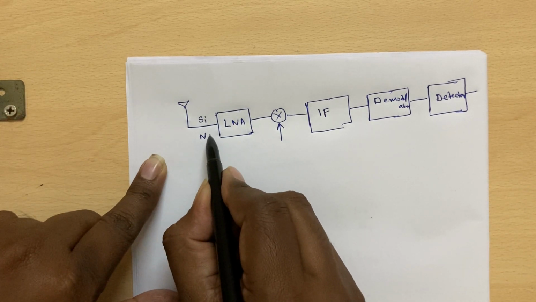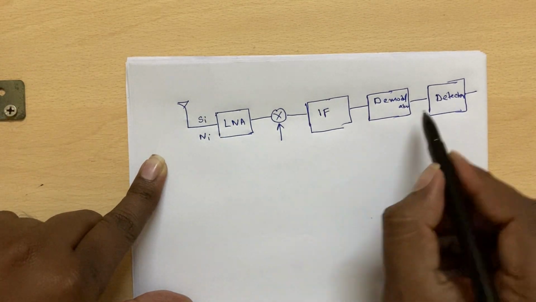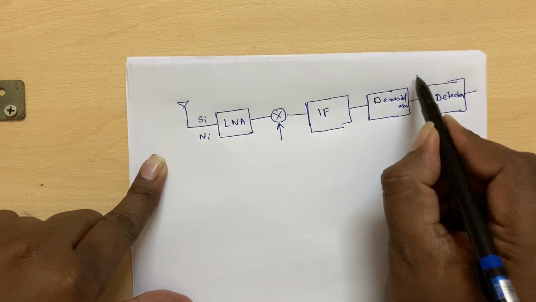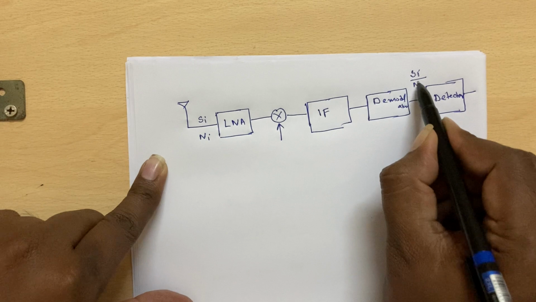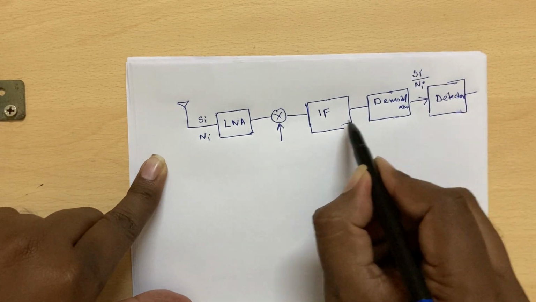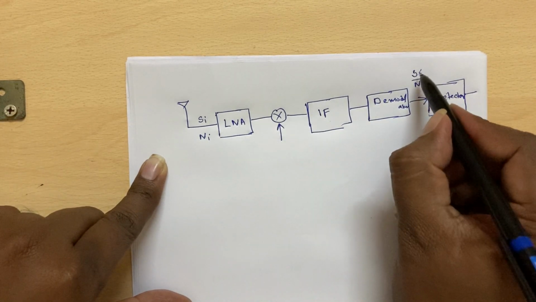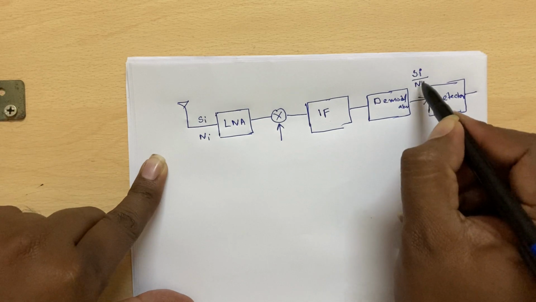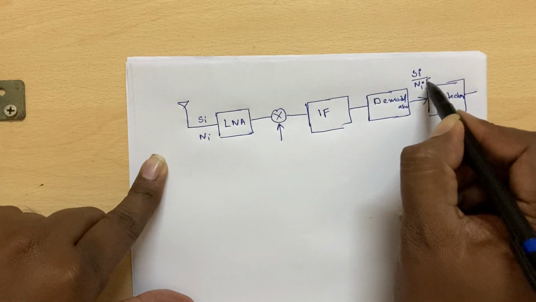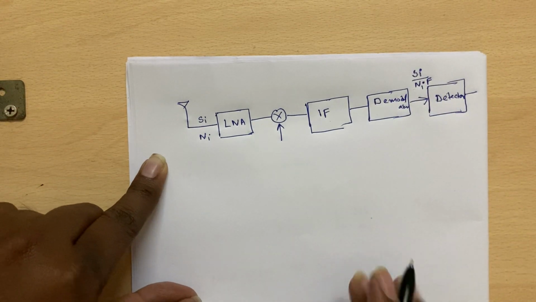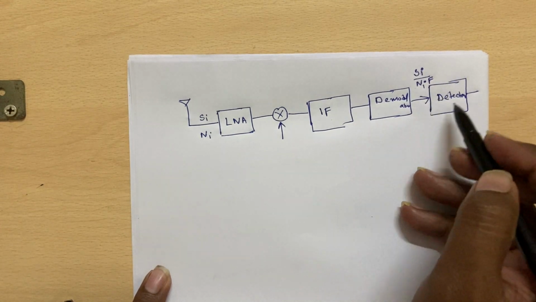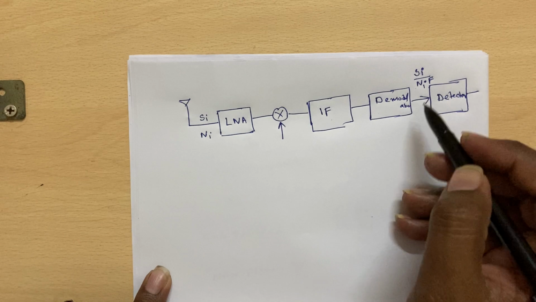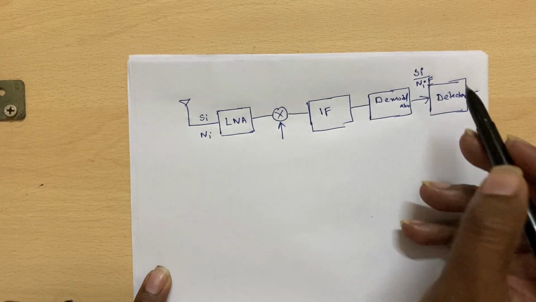In the ideal case, the signal to noise ratio at the input to the detector should also be Si by Ni, but these individual blocks add some noise on their own, so it will not be Si by Ni but multiplied by some factor F. Thereby the bit error rate will be increased because of this factor.